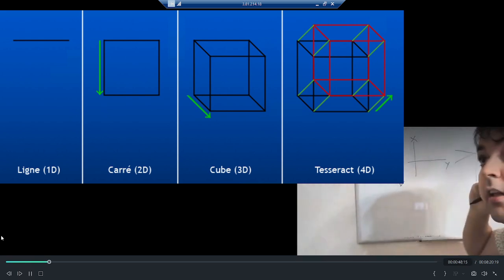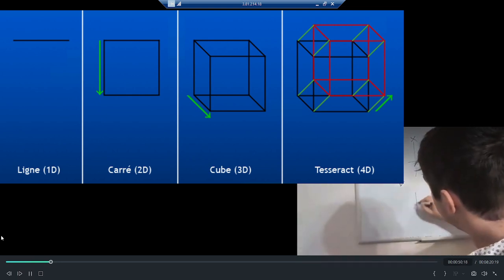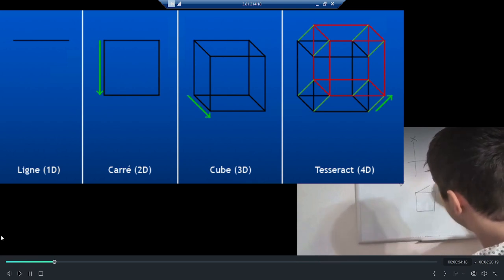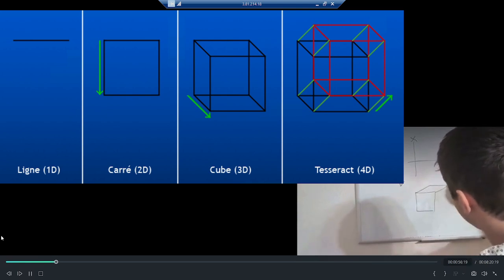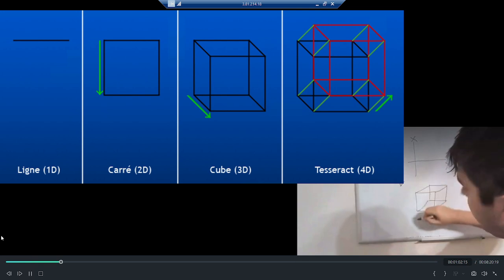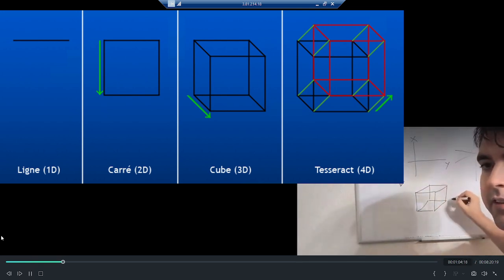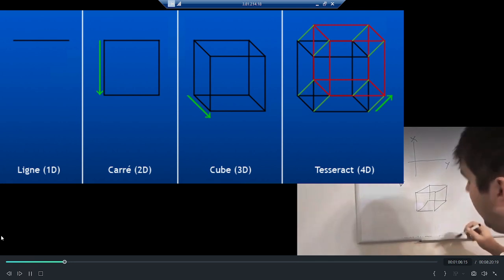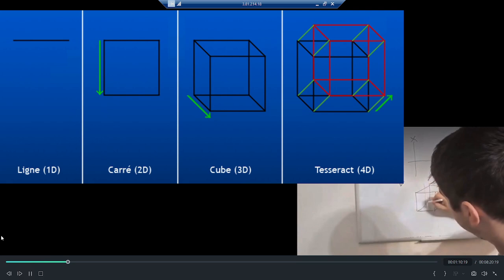Well, there's no way to draw it. You can draw a hypercube. You basically draw 2 cubes. So like when you draw 2 cubes, you draw 2 squares and then connect the vertices. Well, when you draw a hypercube, you draw 2 cubes.